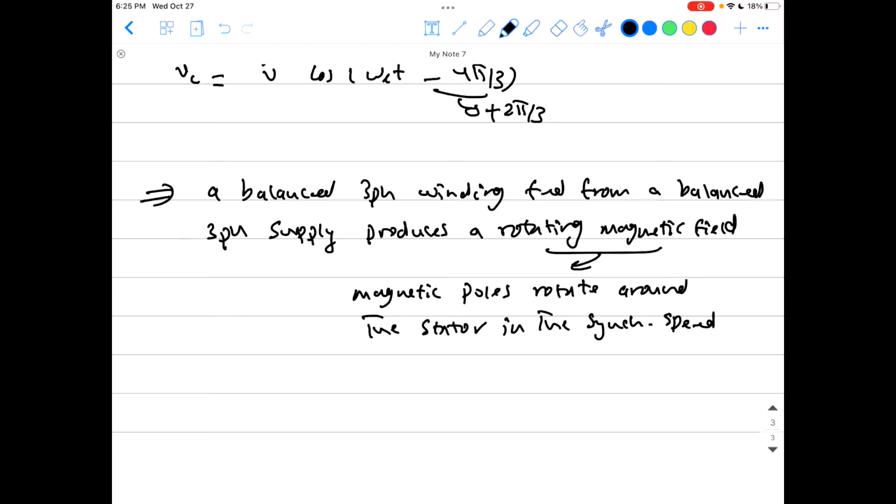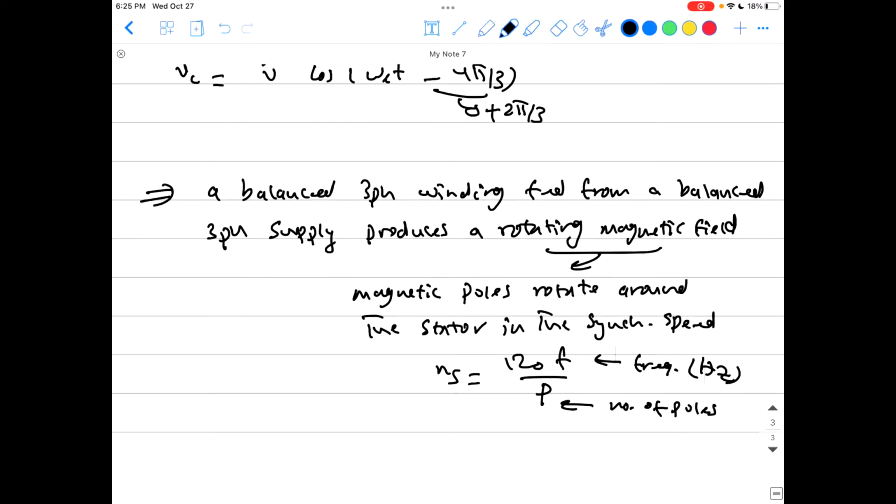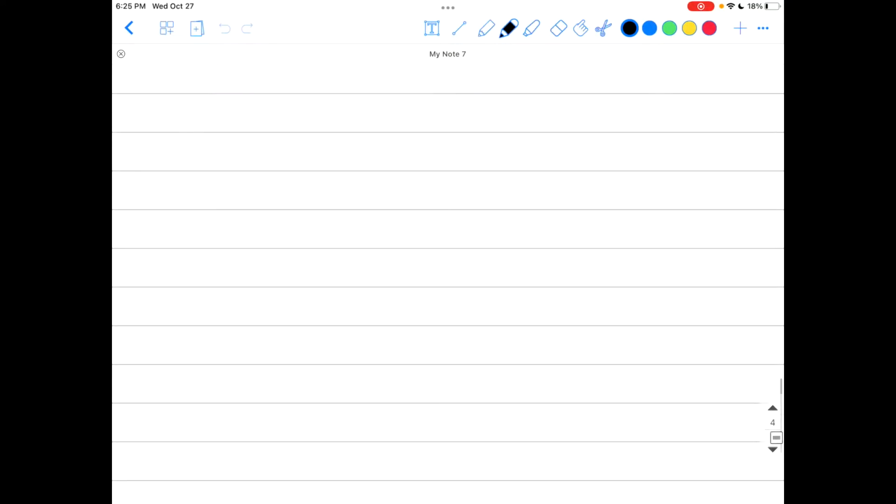So those poles rotate at the synchronous speed, ns equals 120 f over p, where f is your frequency in hertz and p is the number of poles, those poles we were talking about here. So that is the whole point. If you have a balanced three-phase winding and feed it from a balanced three-phase supply, you are creating a rotating magnetic field. Okay, guys? How this happens, that is what we'll now try to discuss in great detail.